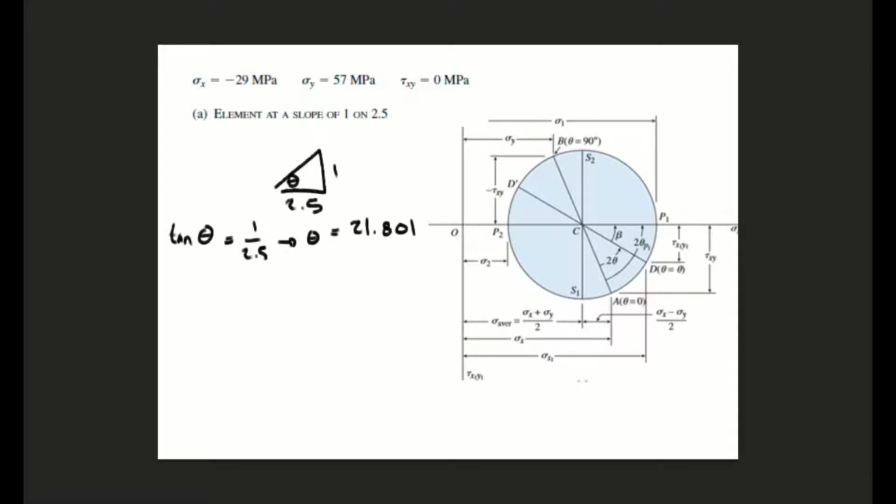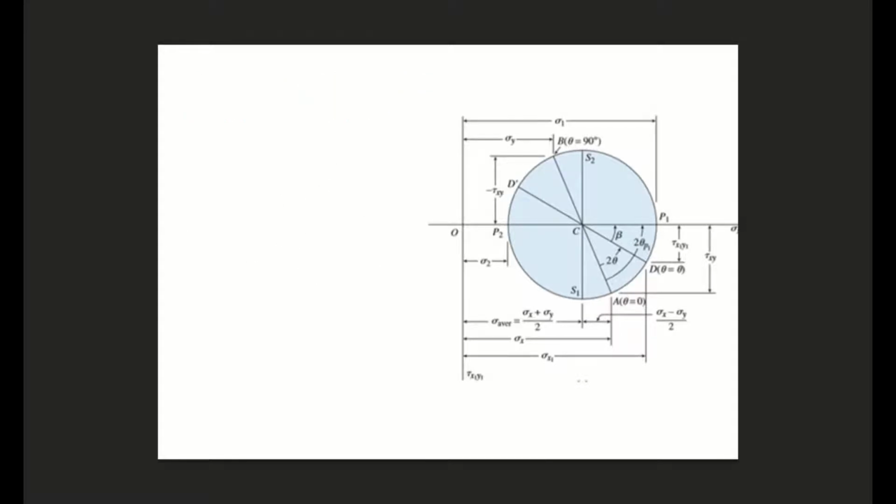Straightforward. One thing to notice is that in Mohr's circle, all the angles are twice as much as what normally exists. So if we were to transfer this to Mohr's circle, it would actually be 43.6. Okay, so just jumping ahead.